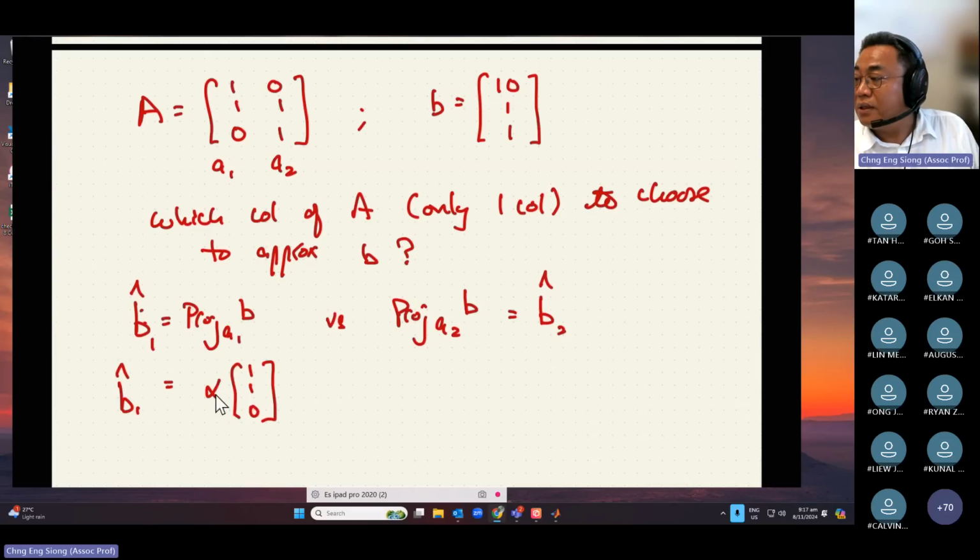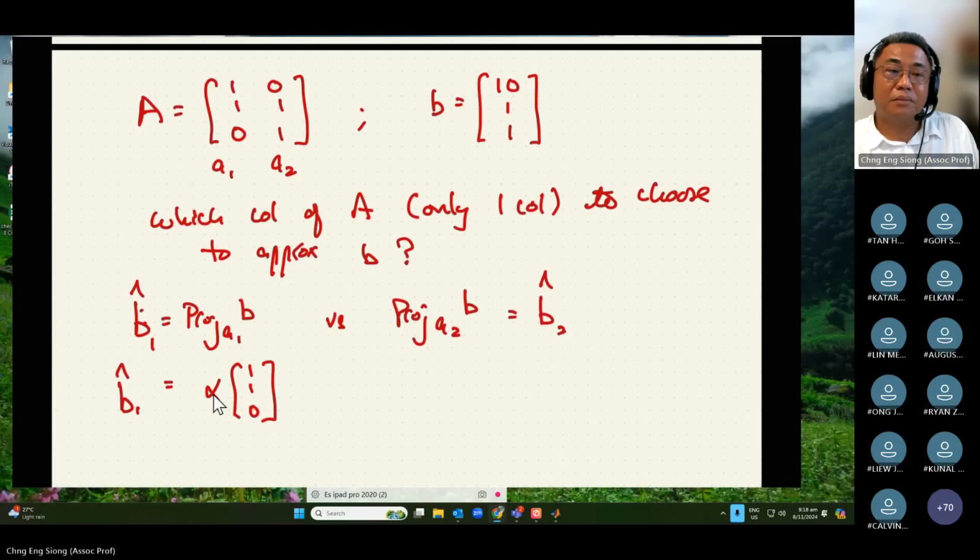Draw the diagram again to show. Okay, wait, I will do this first. This is clear, Mahav? Okay, how to find alpha, guys?